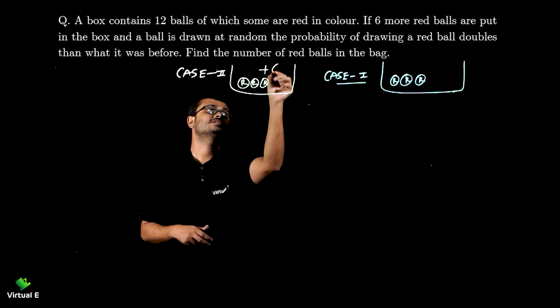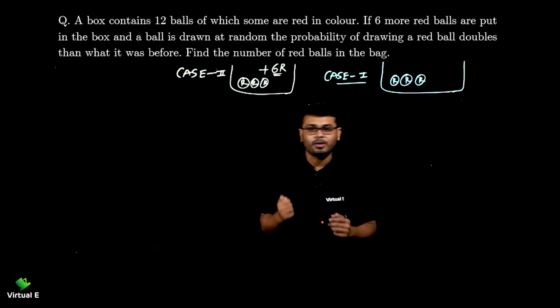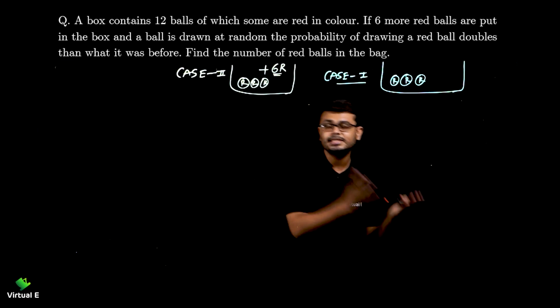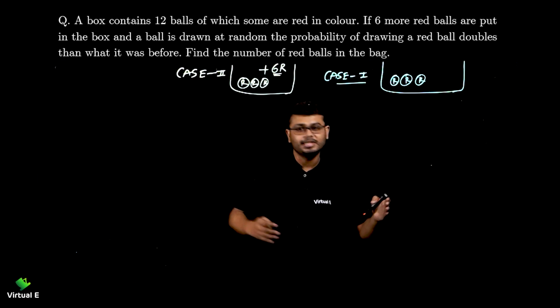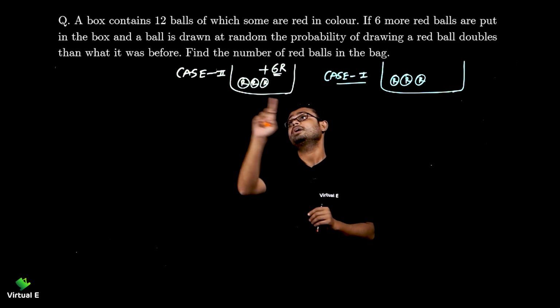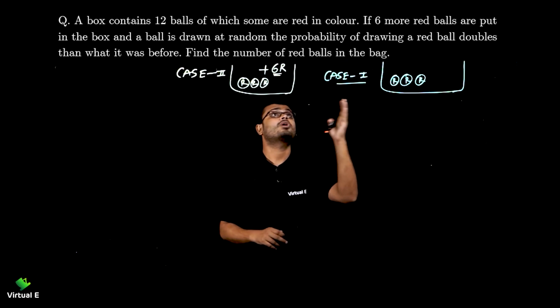You are adding 6 more red balls. So what is happening to the probability? That condition is also given. Initially there is some probability, here there is some probability, and the relation between them is given: drawing a red ball doubles. So double what it was before.